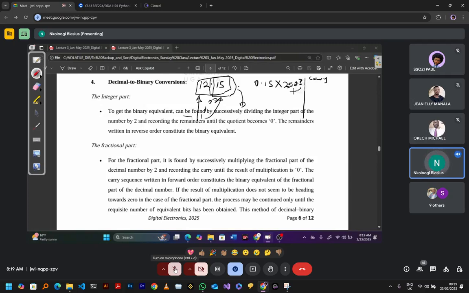The carry should be this one, the 0, okay, and then the multiply is going to be this 3, okay, something like this. So you have a situation of having a 0 here.